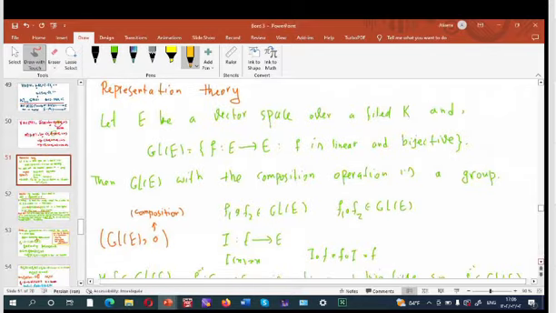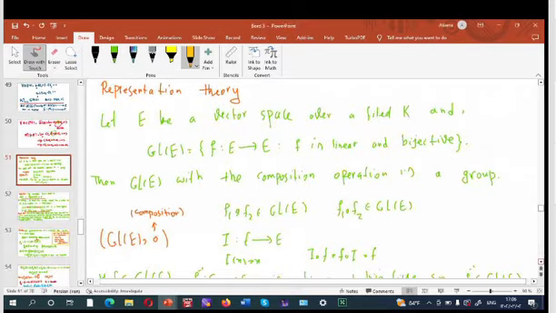So ρ_G(g) must act on functions in this linear space, so that we write ρ_G(g) of f for any f in ck of G.